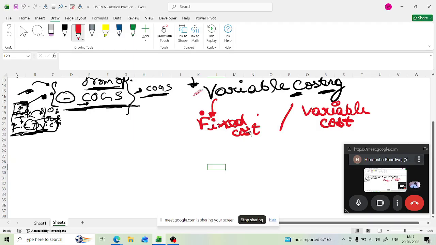Because in variable costing, we have an option where we can separately mention variable cost and fixed cost in our income statement. And this is for internal purposes. You can't present this kind of income statement to your auditors or your stakeholders. You'll have to present it in standard US GAAP format, or in India in IFRS format.